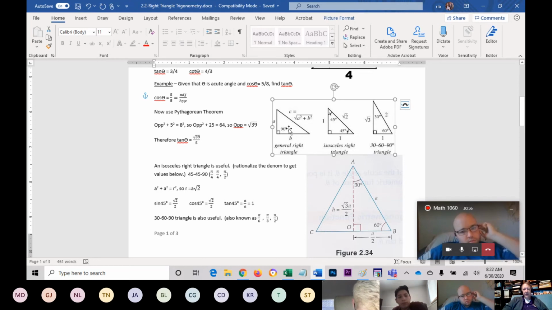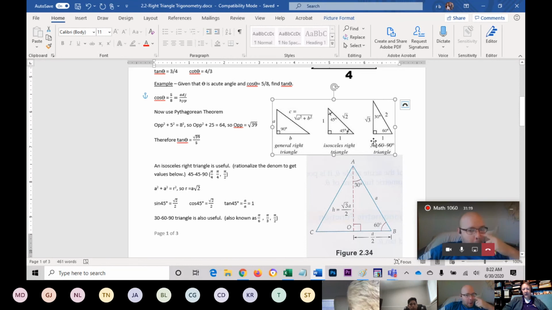That's just the Pythagorean theorem right there. The isosceles right triangle means both legs are the same. If we make them 1, so 1 squared plus 1 squared is 2, therefore your hypotenuse would be the square root of 2. And then we have our 30, 60, 90 right triangle.